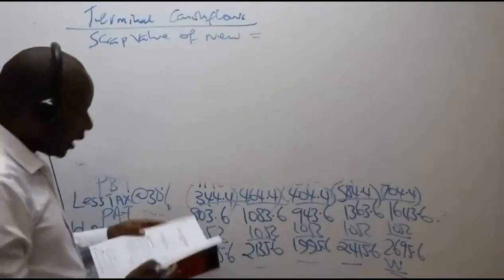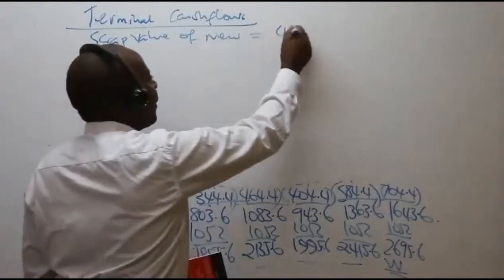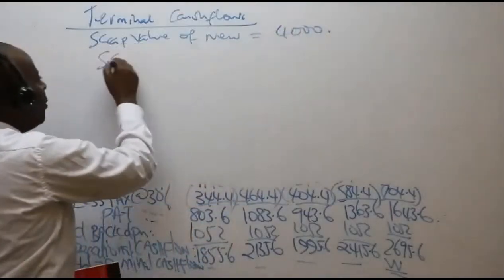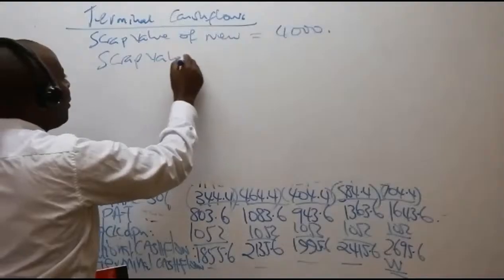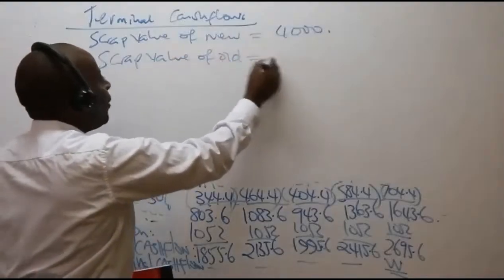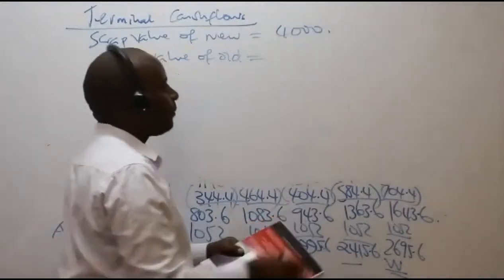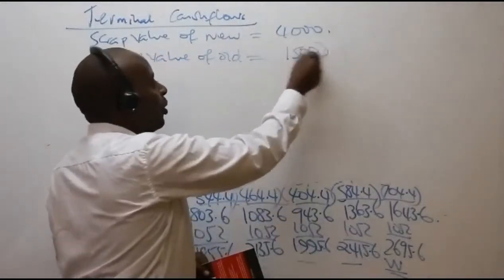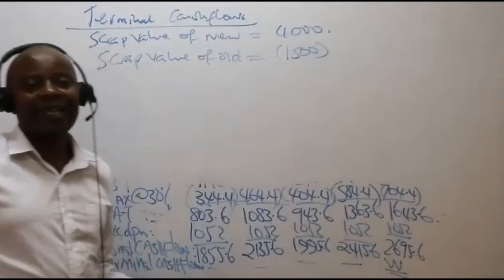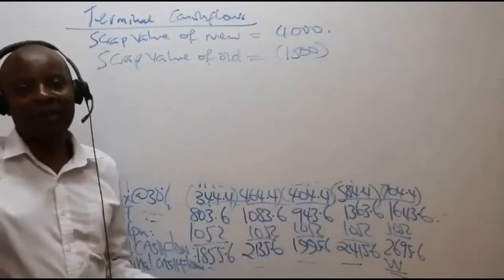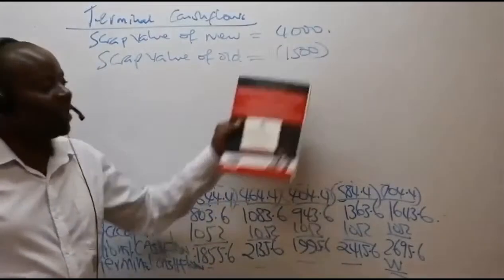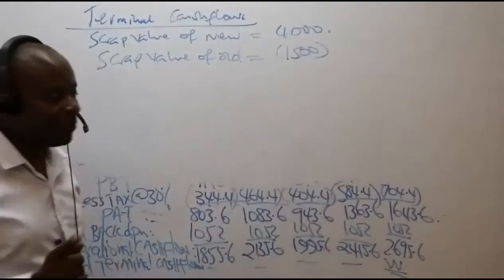They gave me 4,000. And then we have scrap value of old, they gave me a figure of 1,500. Remember, old is an opportunity cost. I'll lose that. If I make a replacement decision today, I will lose this money. So I'm capturing it in brackets.